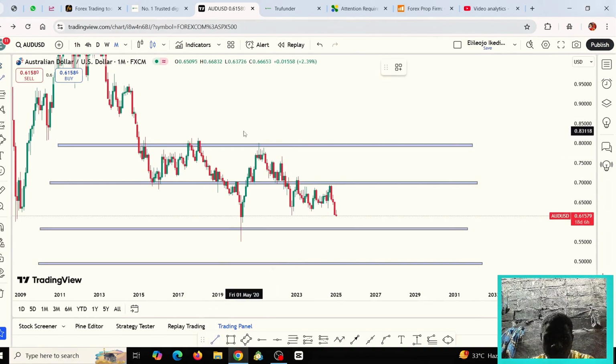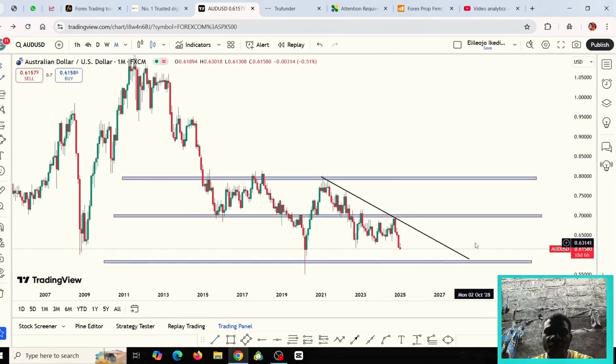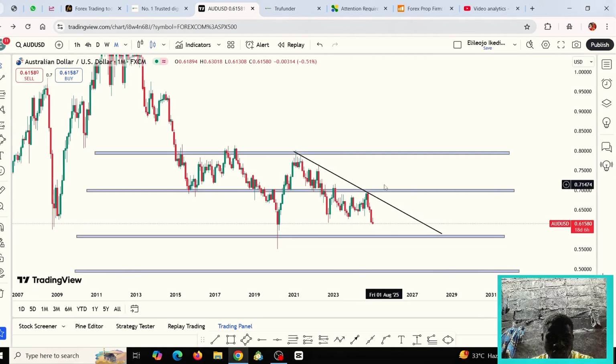I'll show you, from this point on the wick, and then slide it down. This right here is the inner trend line, and the one we drew starting from this point was the outer trend line. So this is how you draw your inner trend line and outer trend line.